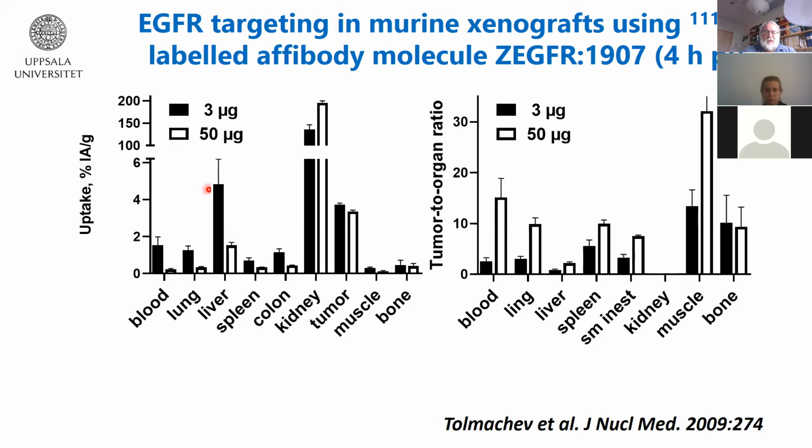If we add 50 micrograms of the same antibody and inject into mice, we managed to suppress noticeably uptake in the liver without decreasing too much uptake in the tumor, which resulted in a very noticeable increase of tumor-to-non-tumor ratio, imaging contrast, and made imaging possible.